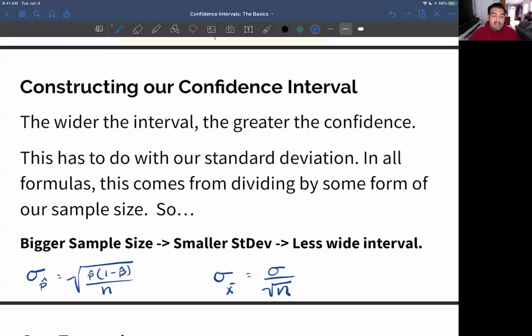Both of them are being divided by some form of the sample size, right? The square root of the sample size. So the bigger the sample size, the smaller our standard deviation will be, which will construct a less wide interval. So if we really want to keep our confidence level high, but we want to make a smaller window, we need to increase that sample size. The bigger the sample size, the less wide of an interval we can have to maintain our confidence.